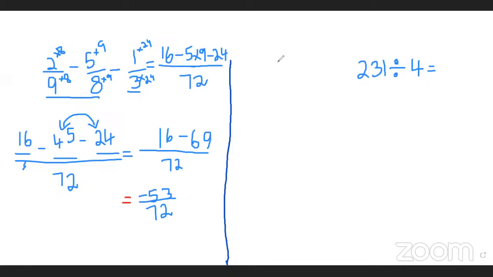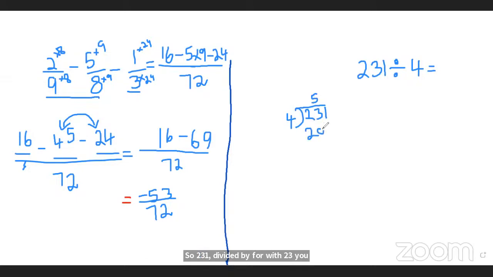That's not a mixed fraction. Mixed fraction means without decimals. So 231 divided by 4, where 23 is for 5.